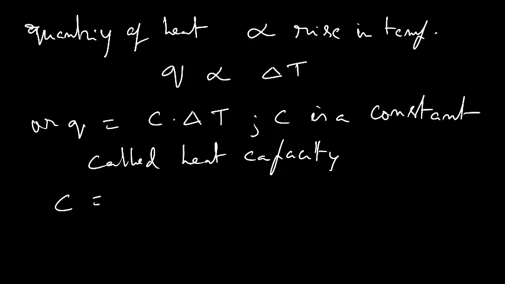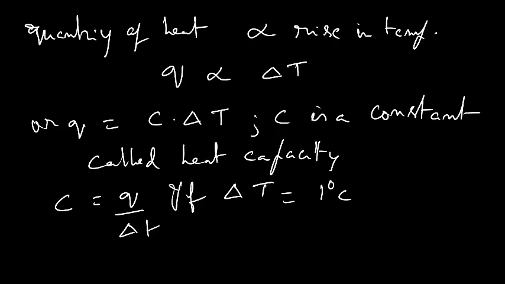Heat capacity C equals Q by delta T. So if delta T is equal to 1 degree centigrade or 1 K, that is Kelvin, then the heat absorbed is equal to the heat capacity.